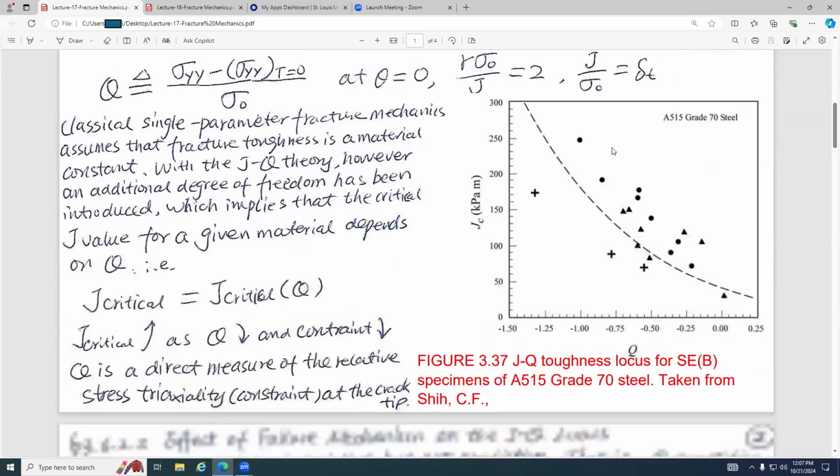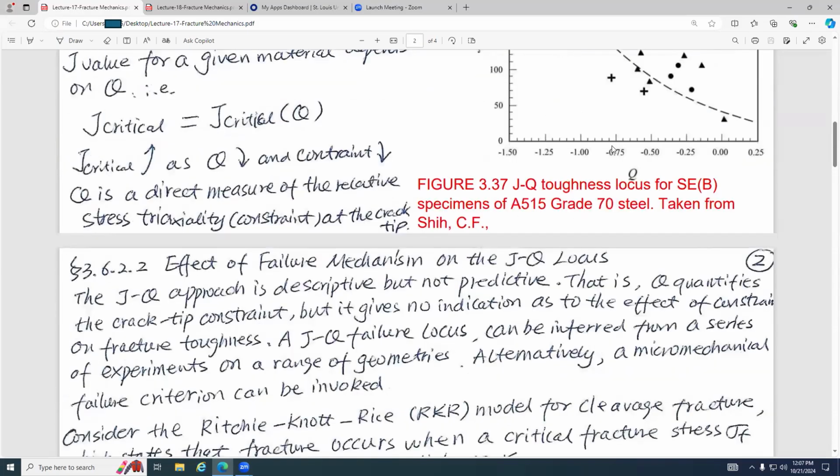Then we talk about when this plasticity area is very, very huge, and we cannot use a single parameter model to describe the stress, the crack tip field, and then we need to use two other models.